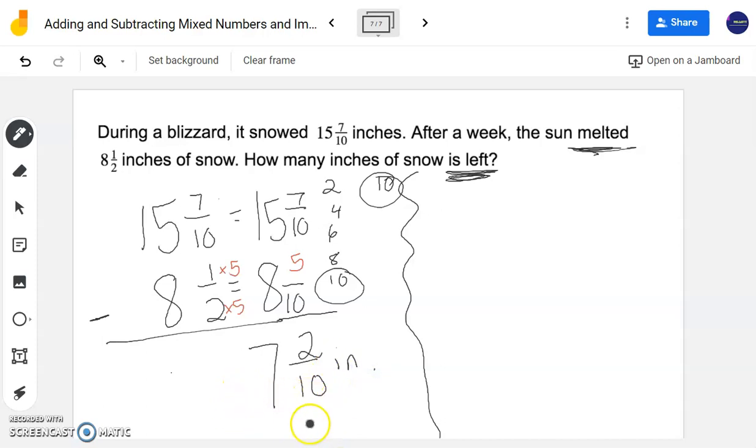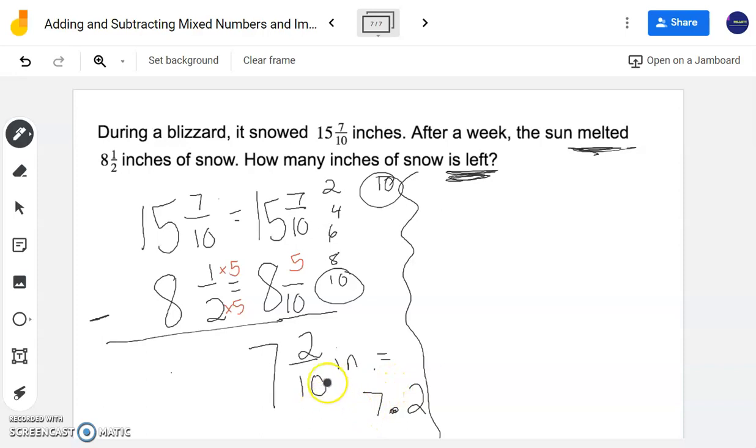Now, this is a popular number here. In fact, if you were to ever ask Alexa or anything else how much snow there is, you will oftentimes hear them use tenths. So oftentimes on the news, if you're listening to the weather, they might actually use tenths to describe how much snowfall there is, how much is left in a certain area.